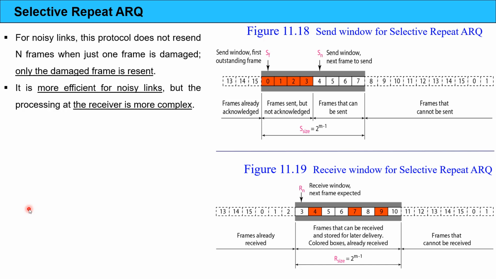To solve this problem, consider if I receive 2 and 3 correctly but lost 1. What should we modify in the receiver? The window size. So now I need a larger receiver window. Why? Because if the window size is equal to the transmitter or sender side, 0, 1, 2... Now if I lost 1, but received 2 and 3 correctly, what will I do?